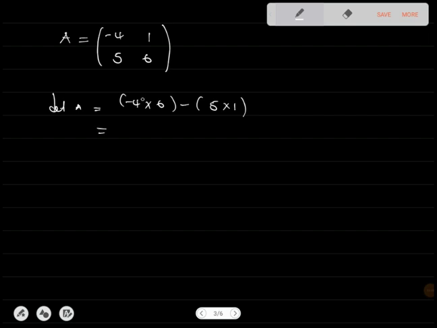And you will say -4 times 6 is -24. Take care of the signs. Minus 5 times 1 is -5. From what we did yesterday on basic algebra, you'll know that these are same signs, so we add and maintain the sign. This will be -29 as your determinant.